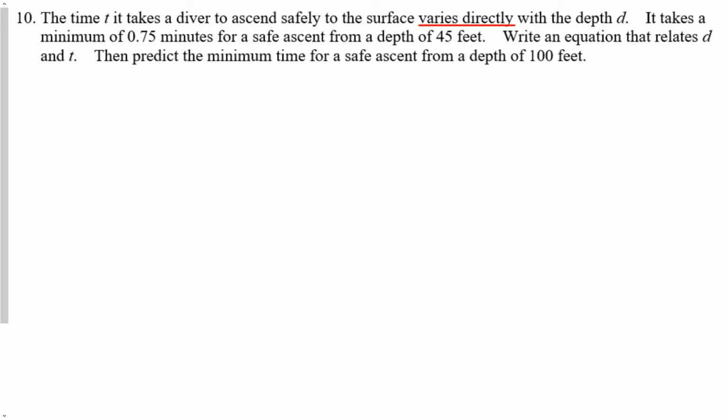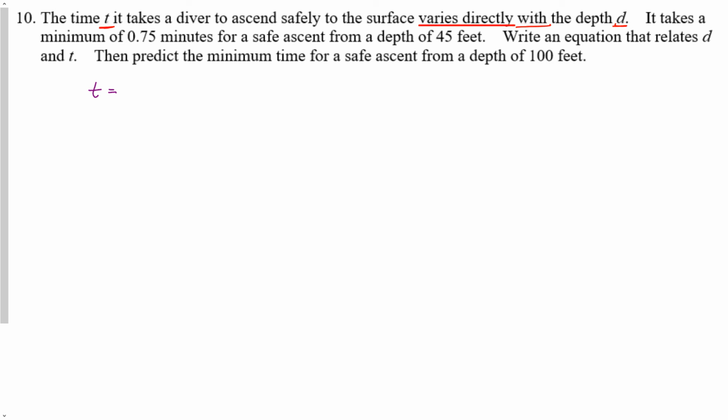Since it says time t, it takes a diver to ascend safely to the surface, varies directly. So that tells me t equals. So really, if we just cut out some of the extra information, we know t varies directly, so what's underlined in red, with depth, d.